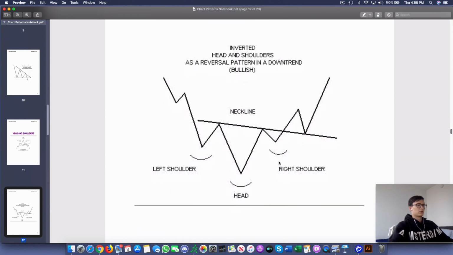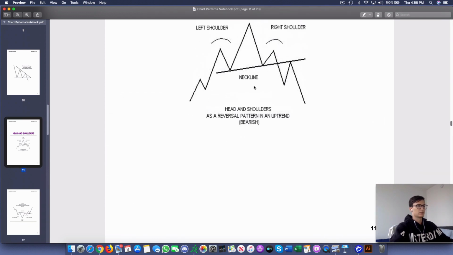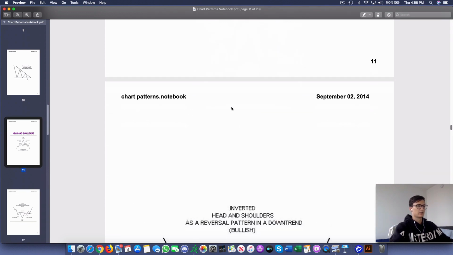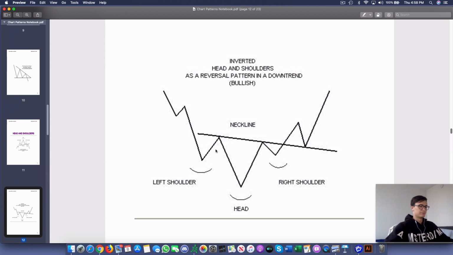Okay, so there is also an inverted head and shoulders. It's basically the inverse of this. But this usually occurs at the top of the chart; the inverted one usually occurs at the bottom of the chart due to a downtrend. So this right here is a good bullish sign. You want to look for this pattern in downtrending stocks.